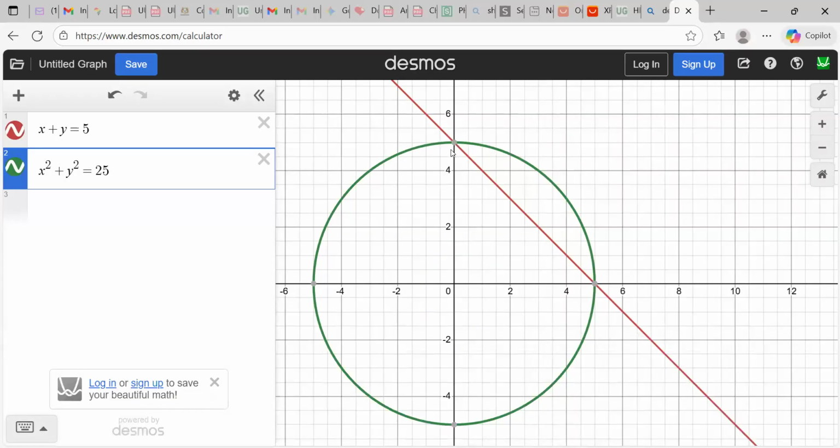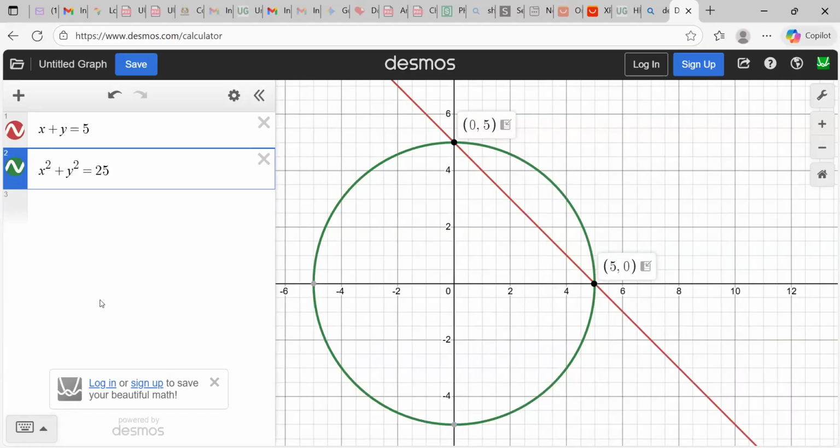And that's what it looks like. So this is your solution 0, 5, or 5, 0, right? x is 0, y is 5, or x is 5, y is 0, right? I just wanted to show you how that came up.